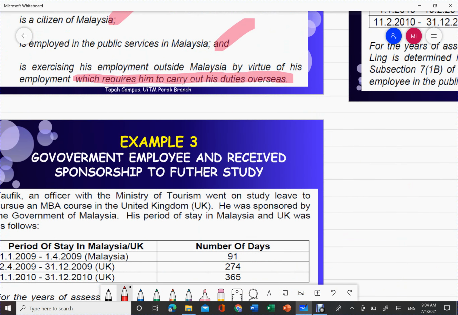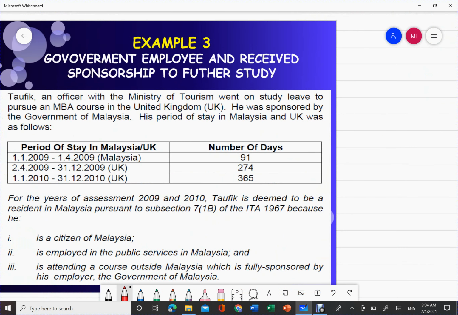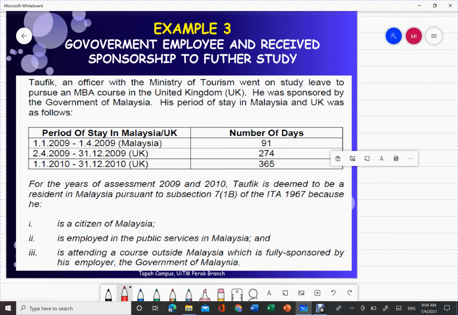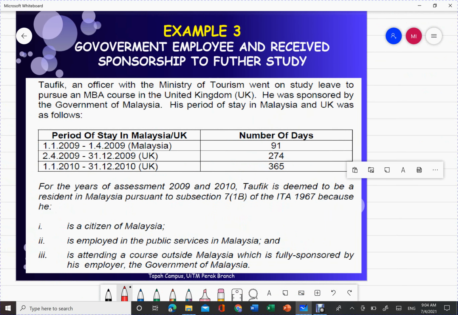Okay, let's take a look at another example. This is also pertaining to subsection 71B for the government employee. Taufik is an officer with the Ministry of Tourism who went on study leave to pursue an MBA course in the United Kingdom. He works with the Ministry of Tourism, and he was sponsored by the government of Malaysia to pursue his study.